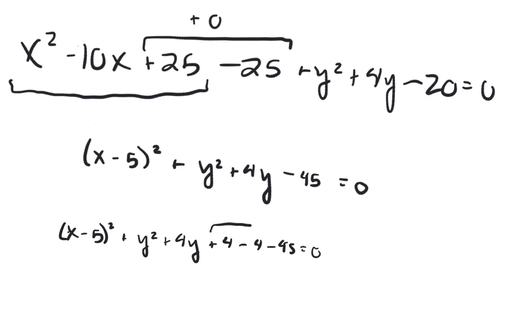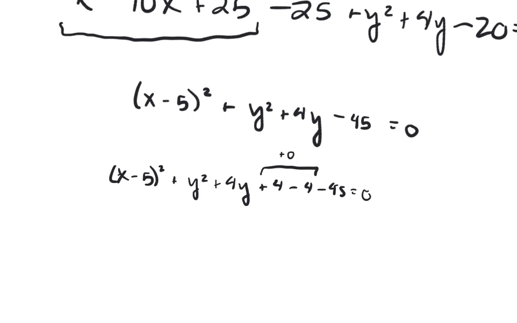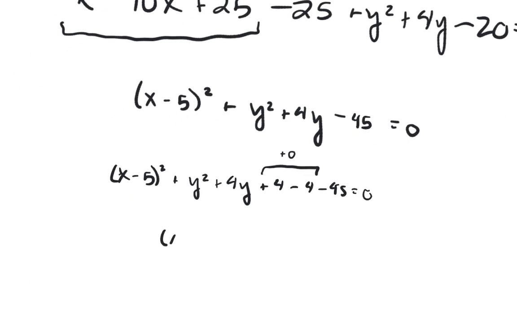And again, this here is the same as saying plus 0, so that's an okay thing for us to do. But that allows us, again, with (x minus 5) squared, to factor all of this into (y plus 2) squared. Then we have minus 49 is equal to 0, and then here we're almost done.